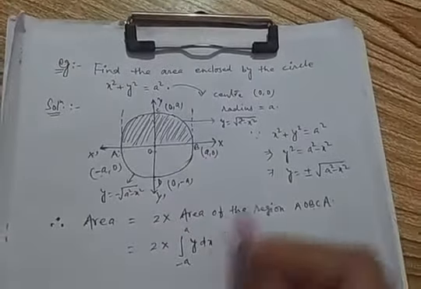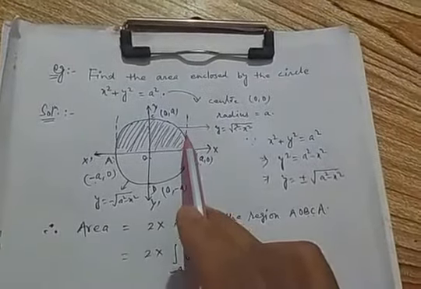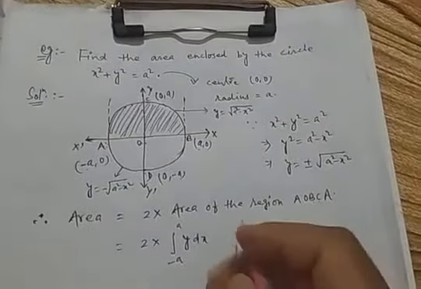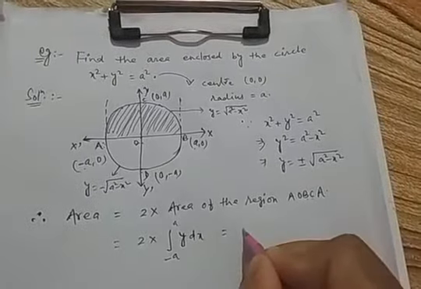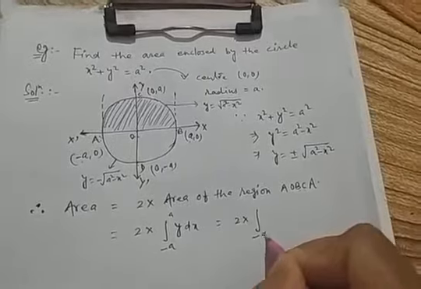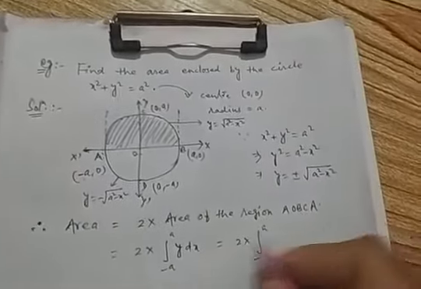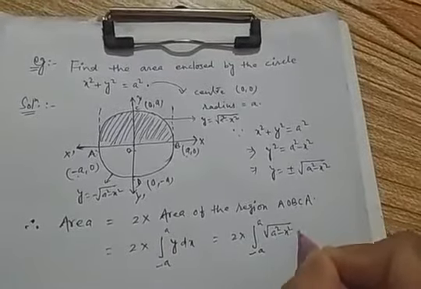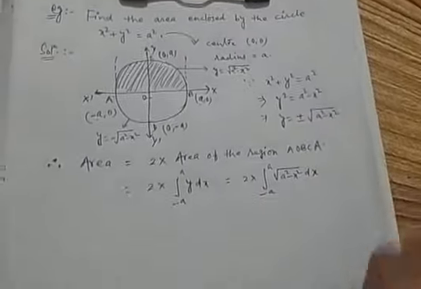Okay, so here we will take the positive value of y. So we can write area is equal to 2 into integration from minus a to a, under root a square minus x square dx.